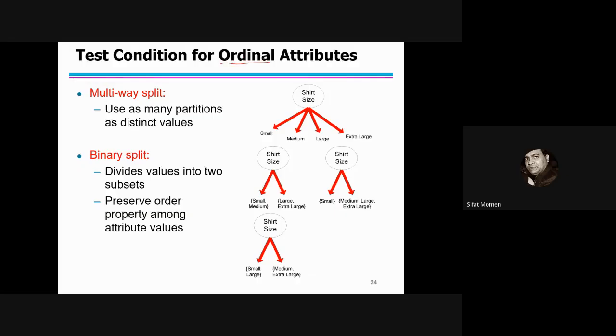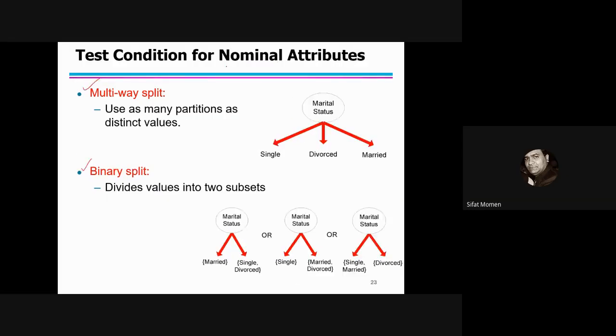Now, do you remember the difference between nominal attribute and ordinal attribute? When is the data called nominal data, and when is the data called ordinal data? Sir, when the data does not have any ordering among them. Good, very good. So basically, if you remember, your data could be discrete or continuous.